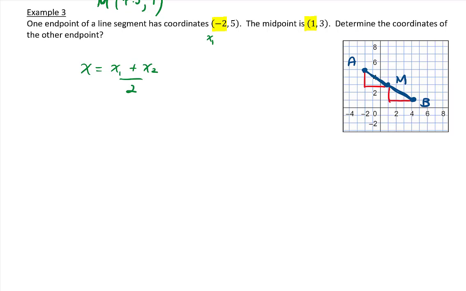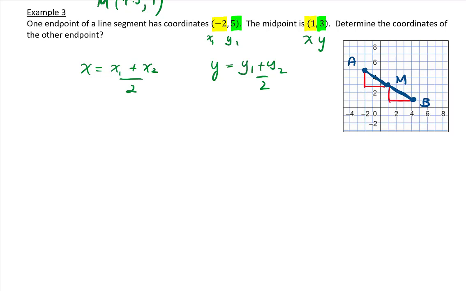The x without the number on it is the midpoint, so we're going to call that x. As well, we know that y is going to equal y1 plus y2 divided by 2. And we have these two y values. The first one being an endpoint, so that's y1. And the second one being the midpoint, so that is the y.